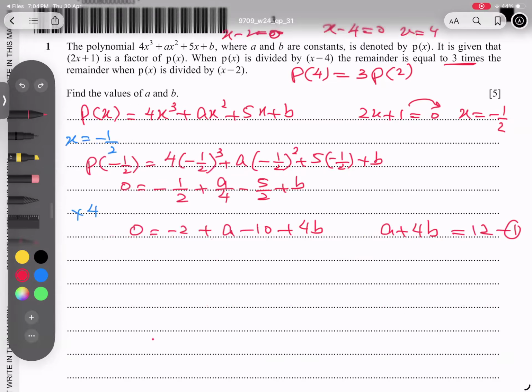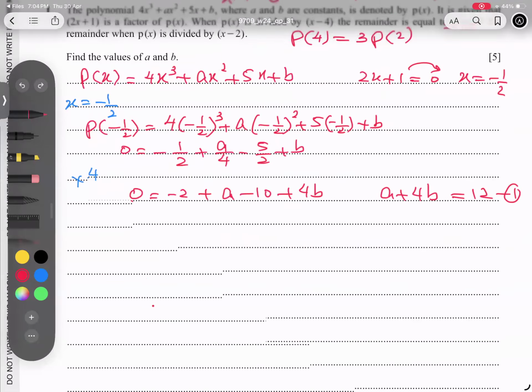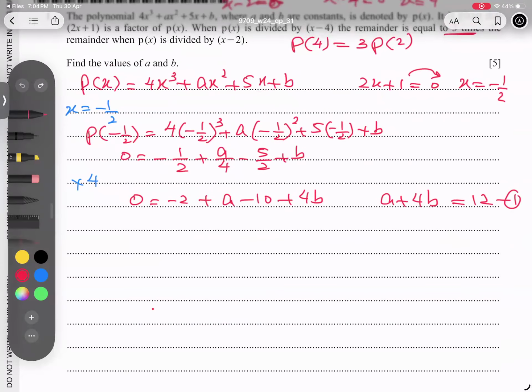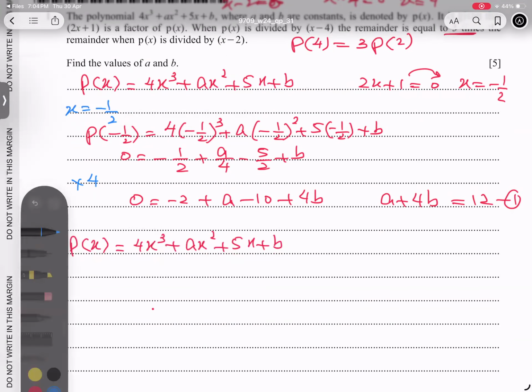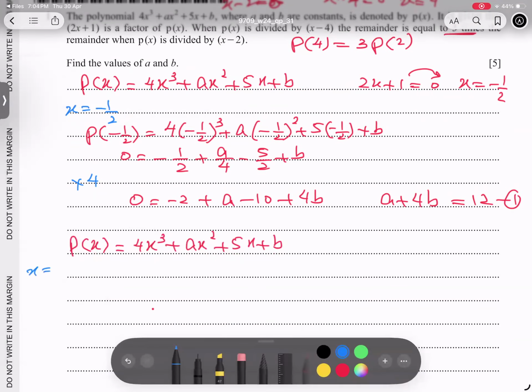But first of all, students, what I will do, I will replace 4 in the whole equation. So step number 1, I will copy the whole equation, paste here, replace every x by 4. Then what I get, students, P of 4 is 4 to power 4, 4 to power 3, and 4 to power 2, and 5 times 4 plus b.